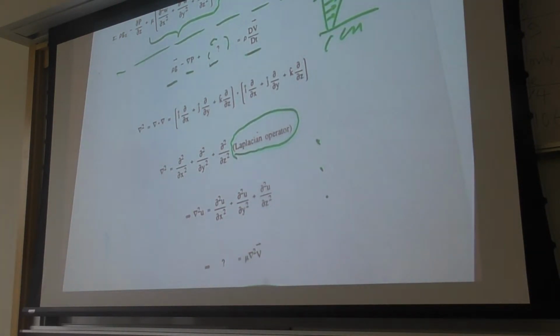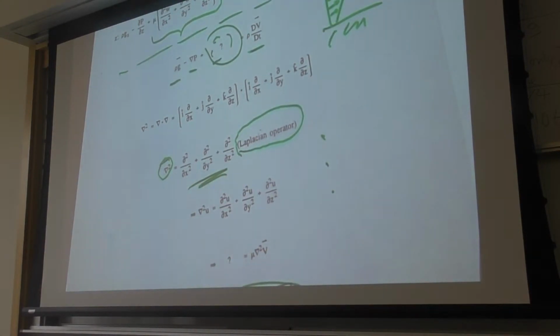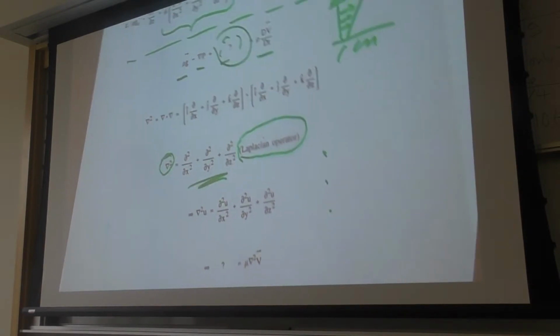And that added term due to viscosity now can appear in here. The Laplace operator, which you will see again in higher level classes, is just by definition this operation. All right? So at least be alert of it. You will come back and see it again in your senior year.